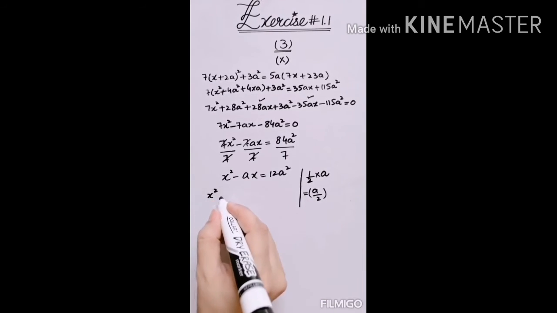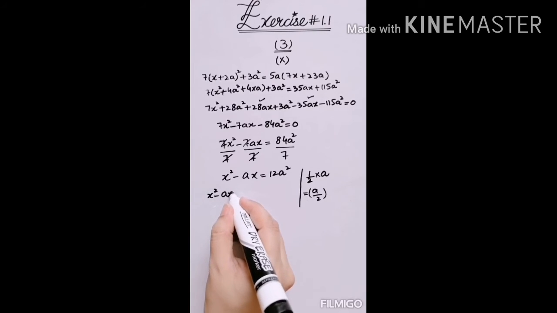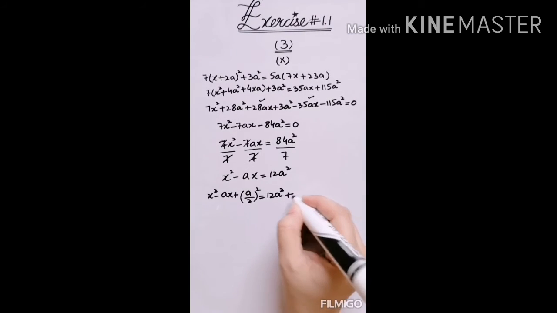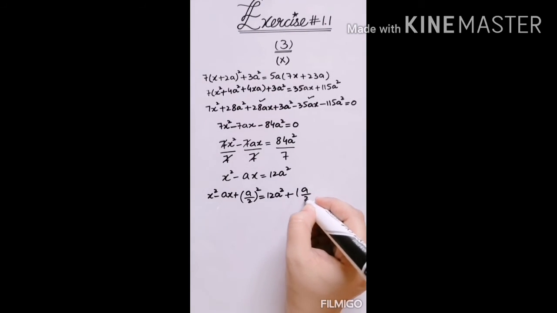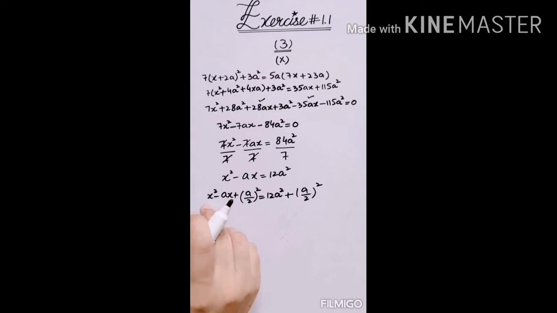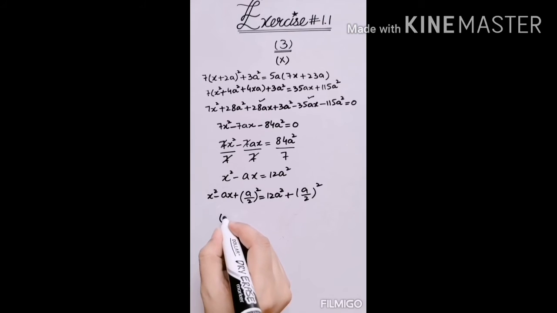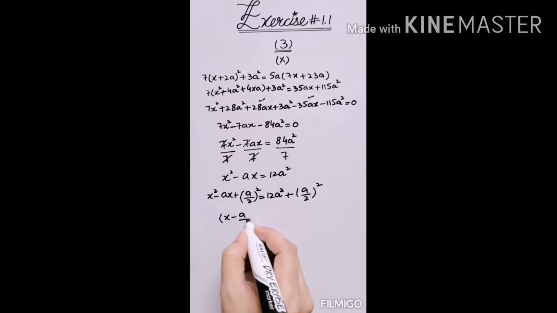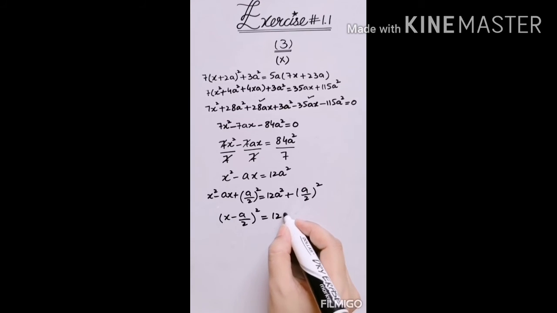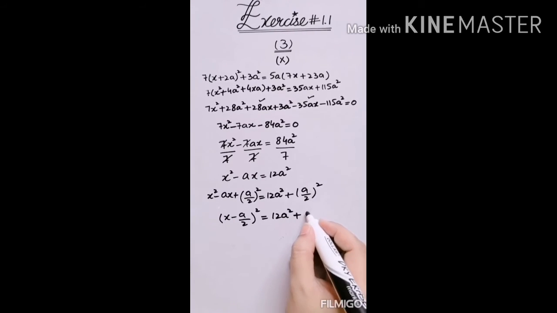So the new number's whole square we have to add on both the sides. Here I have told there must be the formula a square minus 2ab plus b square, which is equals to a minus b whole square, is equals to 12a square plus a square over 4.